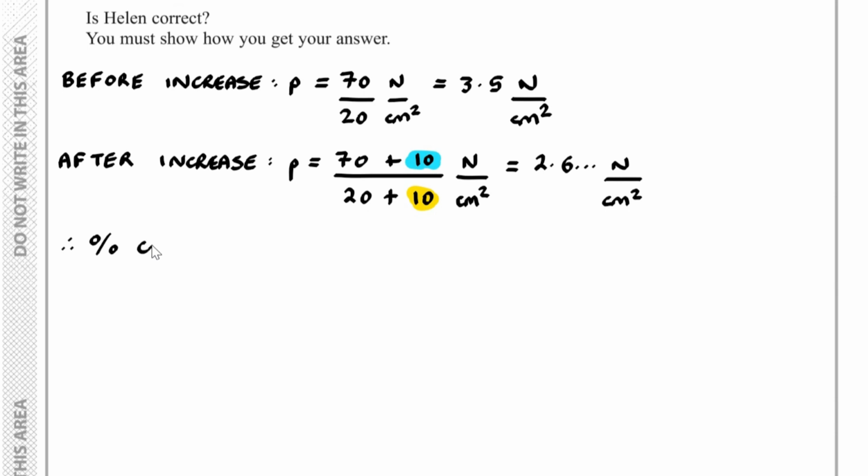And so what we need to do in this question is find the percentage change. Well, we've got the difference, which is 3.5 subtract 2.6, etc. But then I divide by my original, which is 3.5, and then because it's a percentage, times by 100.